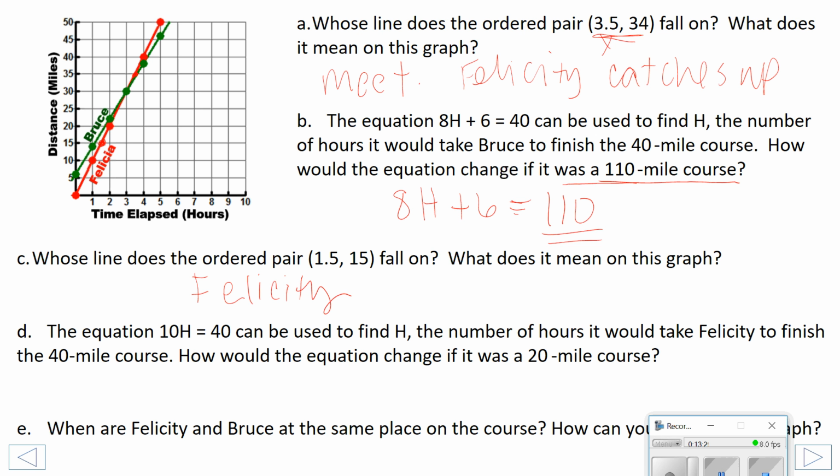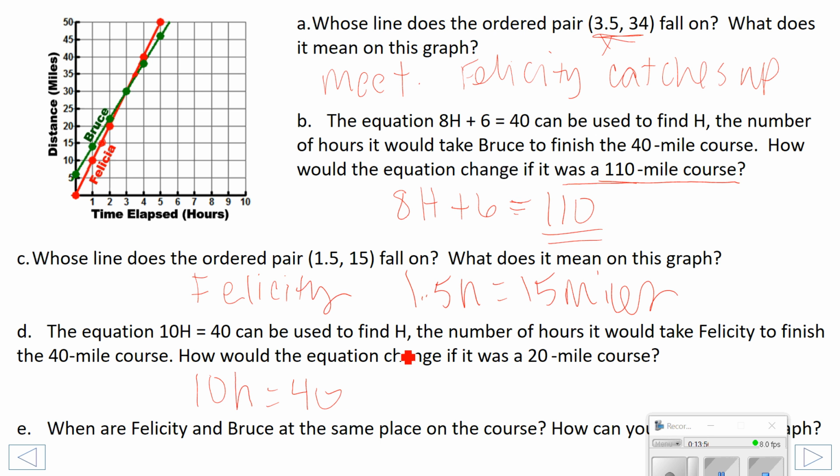Okay, well, to me, what it means is that right now, after 1.5 hours, Felicity is only at 15 miles. So 1.5 hours equals 15 miles. So then it asks us about the equation for Felicity. Well, Felicity was just that simple multiplicative equation, right? 10 times the hours gives me 40.